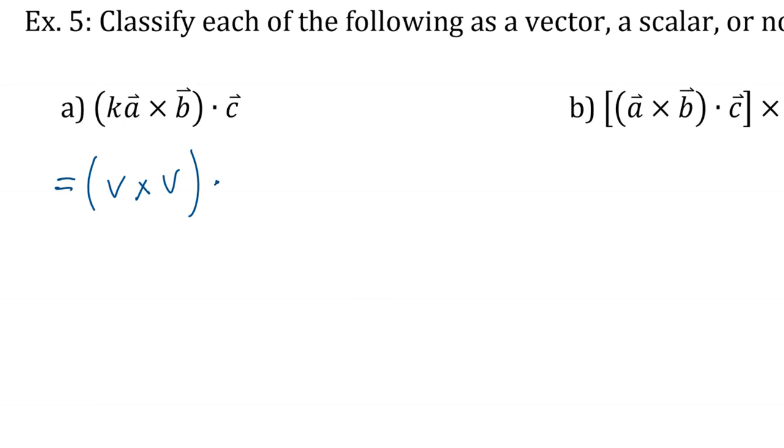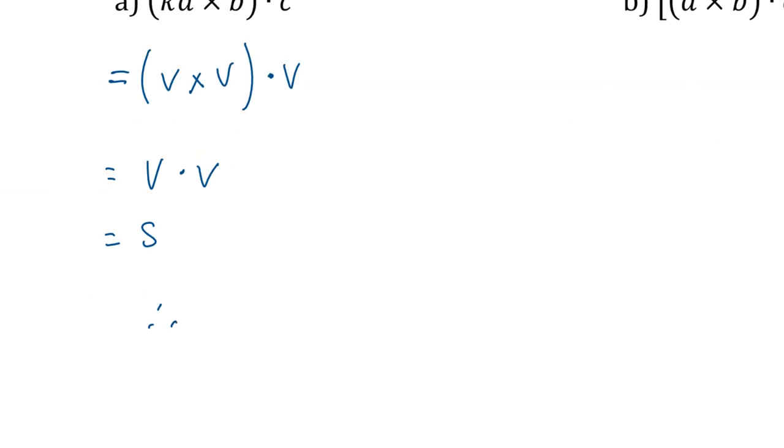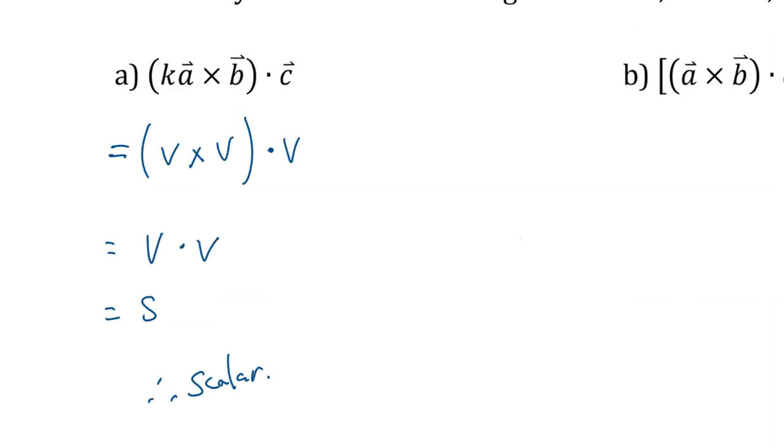And then I'm going to dot that with vector c, which is a vector. Well, a vector crossed with a vector gives us a vector. So now I've got a vector dotted with a vector, and sure enough, I can do that, and that gives me a scalar. So the outcome is a scalar, and it's definitely possible.